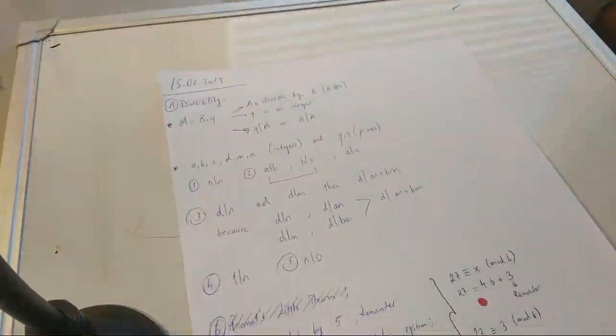Okay, we will start first with the basic properties. A is divisibility.